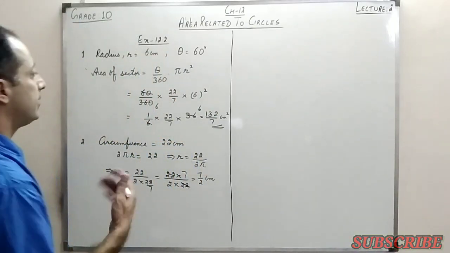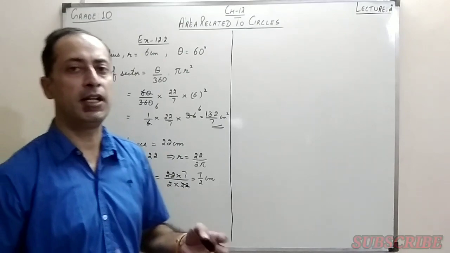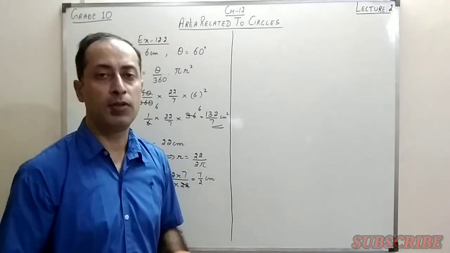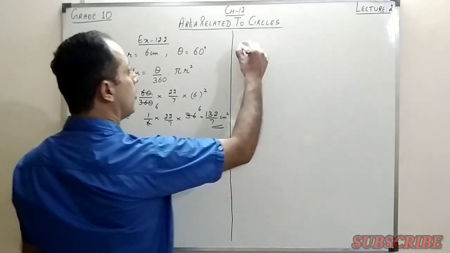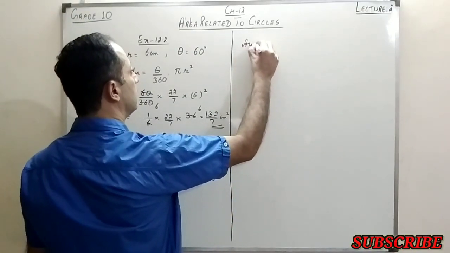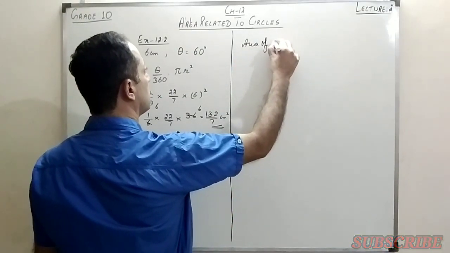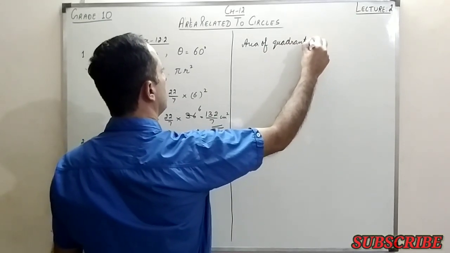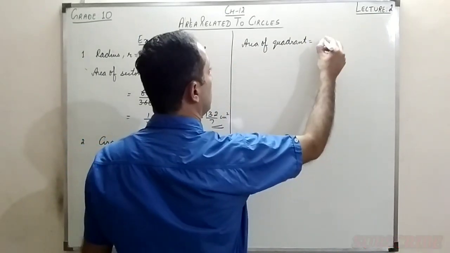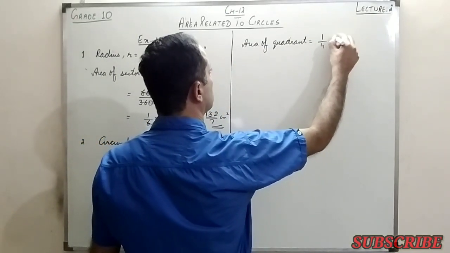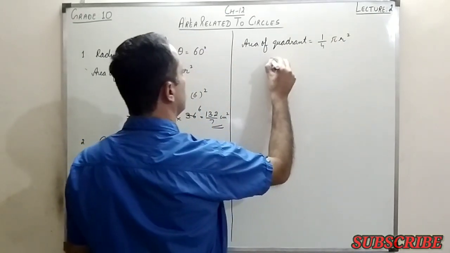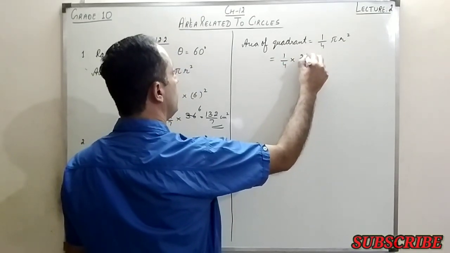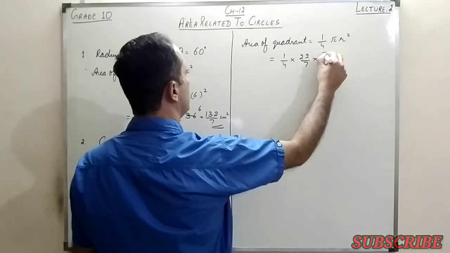So instead of writing theta by 360, we can directly write 1 by 4 pi r square, because a quadrant is 1/4 of the circle. So area of quadrant equals 1 by 4 pi r square, that is 1 by 4 into 22 by 7 into 7 by 2.